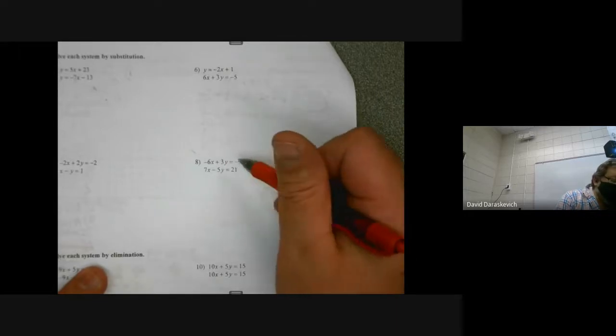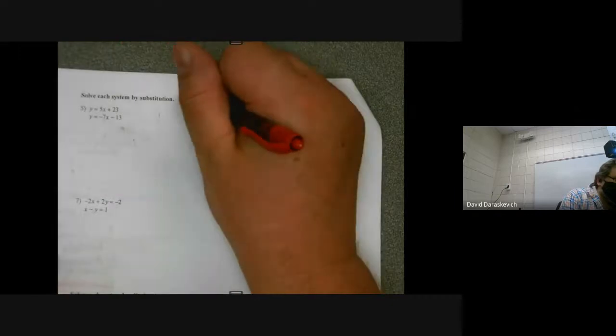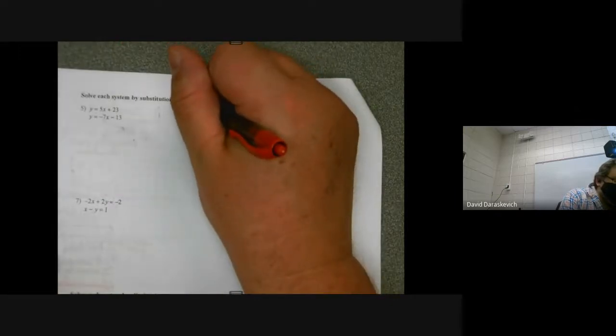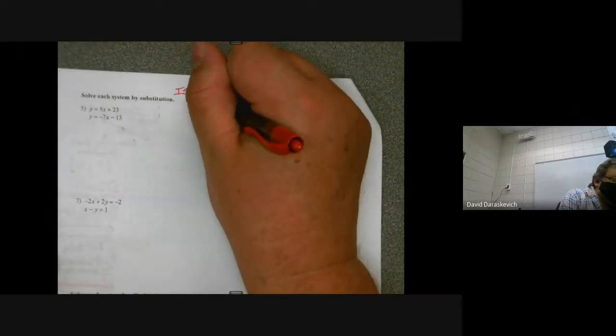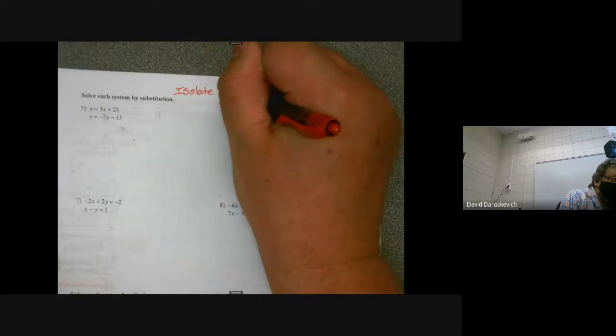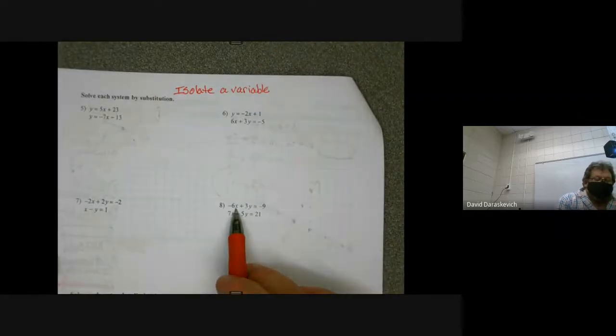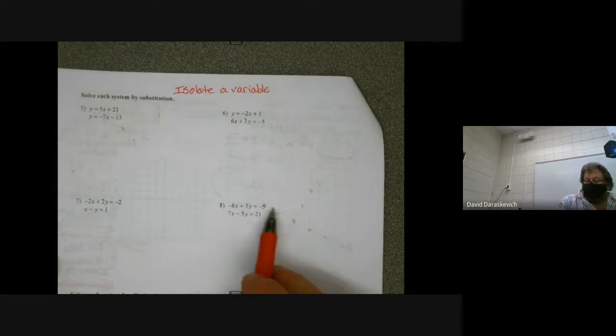The first thing you do when you use substitution is you have to isolate a variable. And it doesn't matter which one you use. If you want to isolate the x's, fine. I'm going to isolate that y on this particular one.